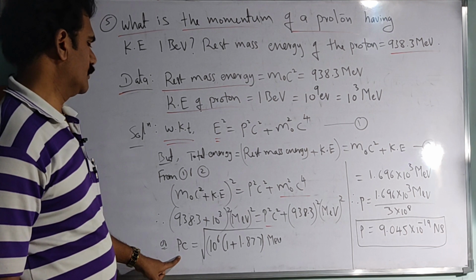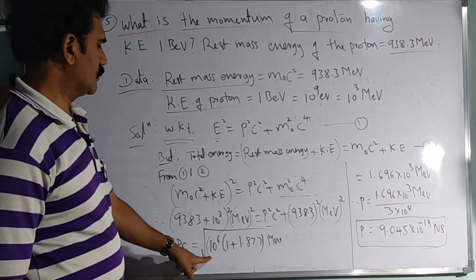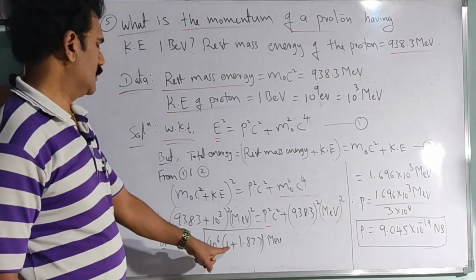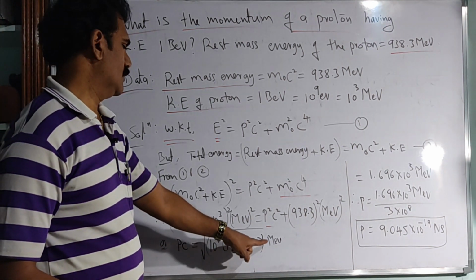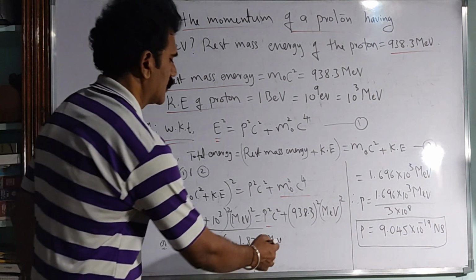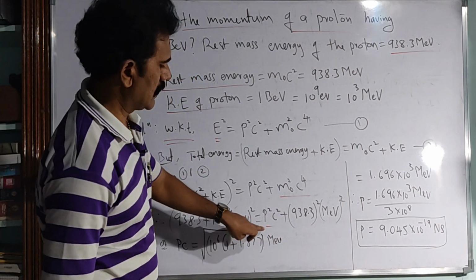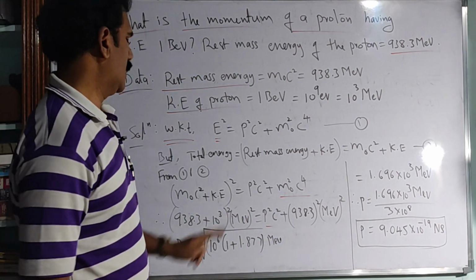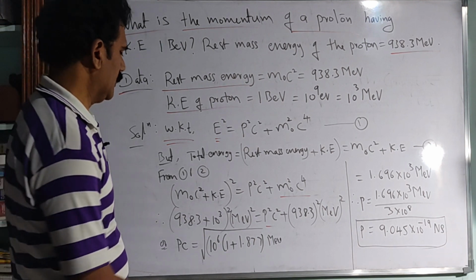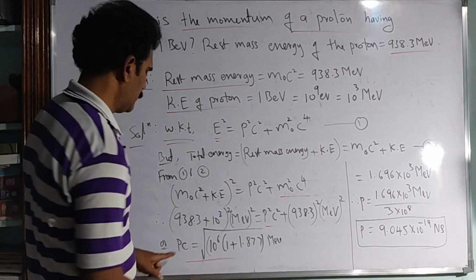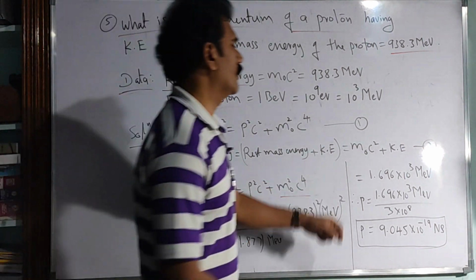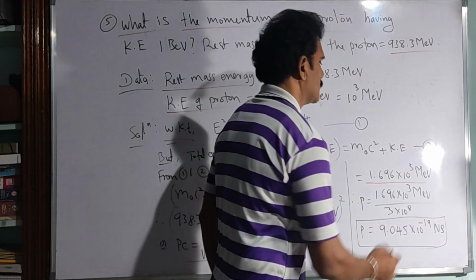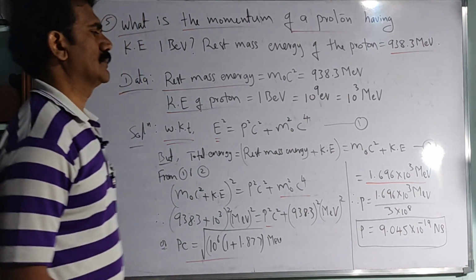You will get the square root of 10 to the power of 6, which is common, into what is left, 1 plus 1.877. The square root of mega electron volt square becomes just mega electron volts, so only for the value am I writing the square root here. Check this calculation for p into c. If you calculate, you will get 1.696 into 10 to the power of 3 mega electron volts.